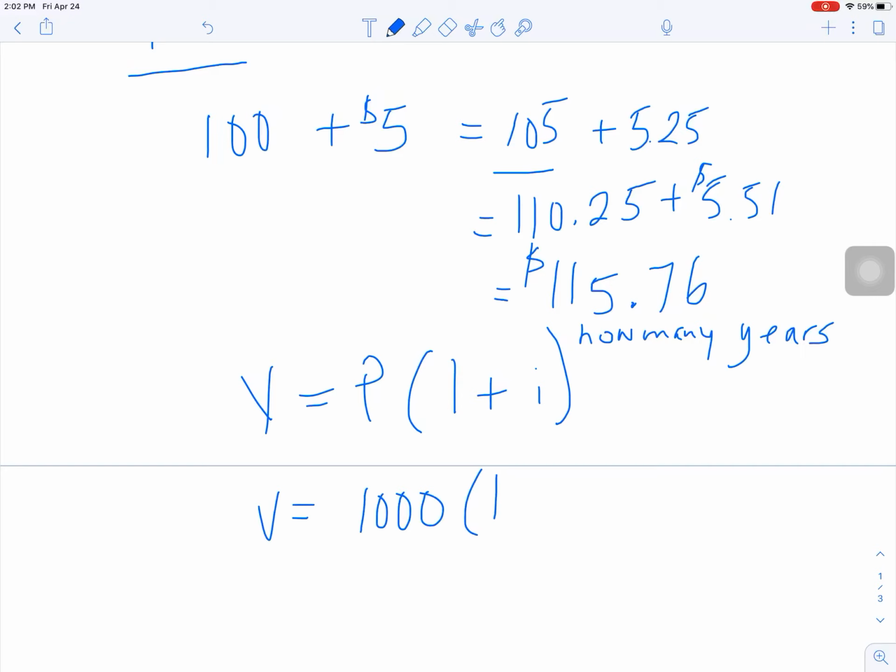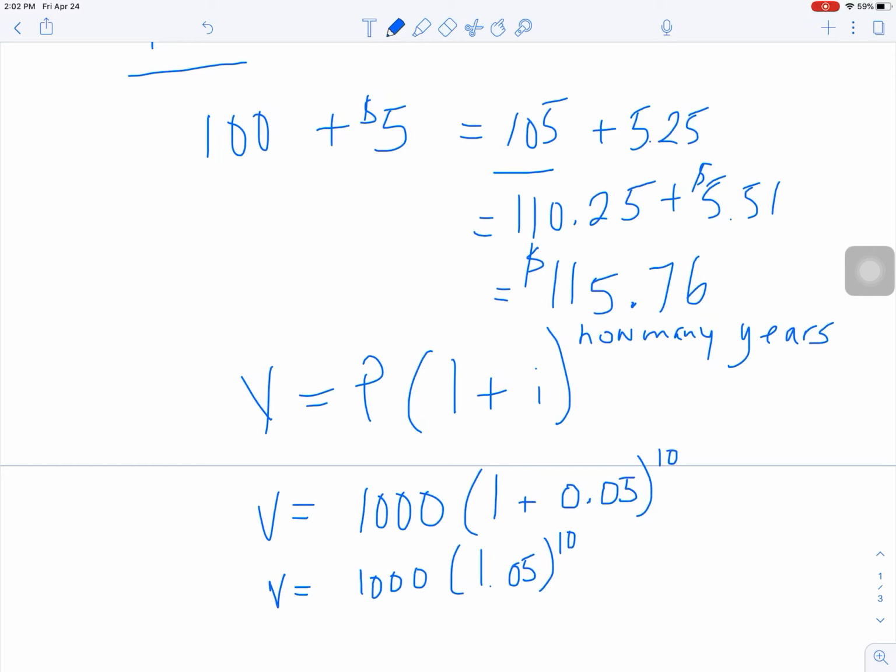So it's 1 plus 0.05. That's 5% interest. And let's see what happens when it goes in the bank for 10 years. So what you're going to see is your value equals 1,000 times 1.05 to the power of 10. So you're going to need your calculator to figure out 1.05 to the power of 10.